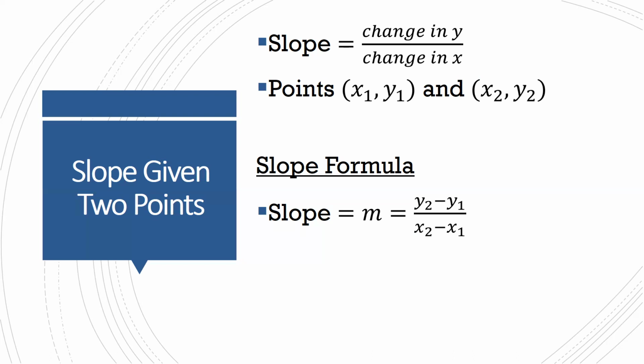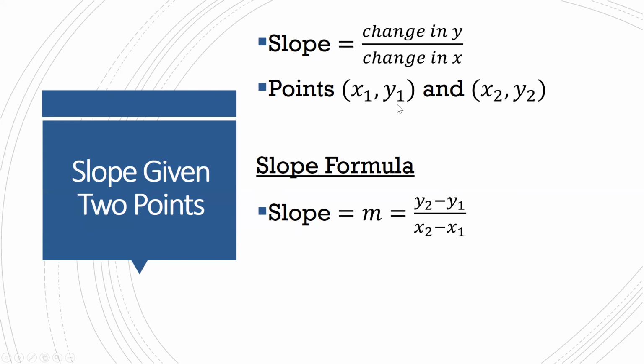Now, that means if I have 2 points, I can find the slope of a line by taking the y value of my second point and subtracting the y value of my first point, because that is the change in y.